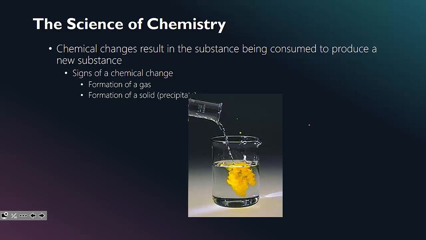If you take two solutions and mix them together and they become cloudy, that could be the formation of a precipitate. So in the example here, where lead nitrate and potassium iodide are mixed, they make this cloudy substance, lead iodide. That is an insoluble precipitate that comes out, a sign of a chemical reaction.